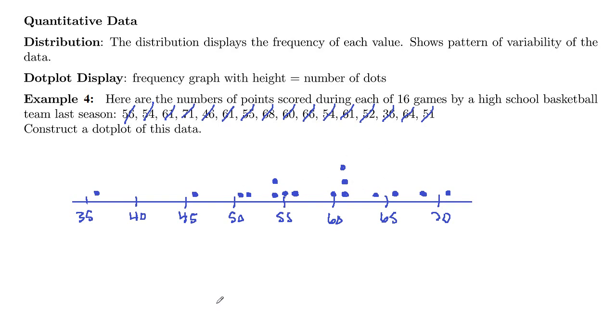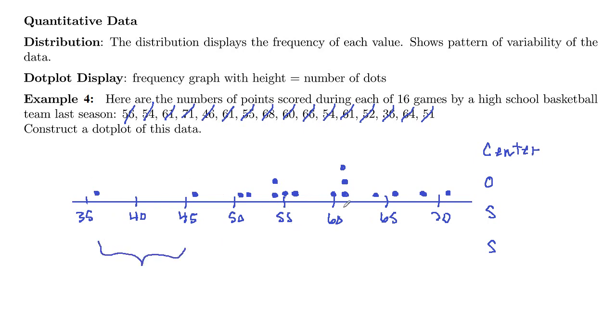So there is our dot plot, and we could analyze this with SOS: Center, Outlier, Symmetry, Spread. So our center here, we can see that, well, this data 36 looks like that might be an outlier because there's quite a space in here.